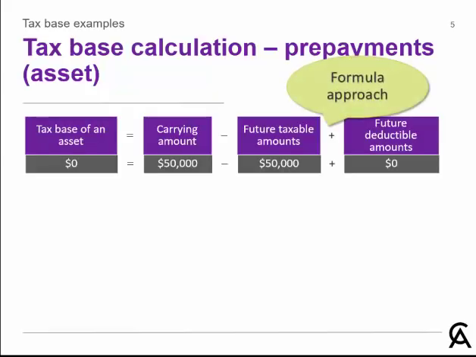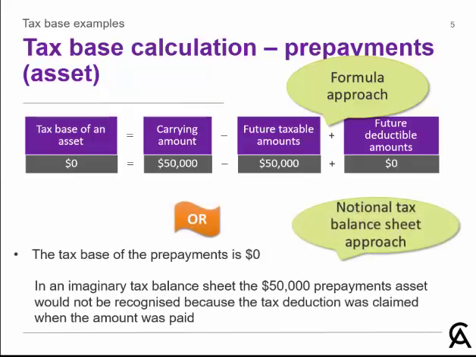We then subtract the future taxable amounts. This part's a bit of an odd concept when we're calculating the tax base of an asset. We assume that the future taxable amounts are equal to the accounting carrying amount. And lastly, there are no future deductible amounts to add because we've already claimed the tax deduction for these $50,000 in prepaid costs.